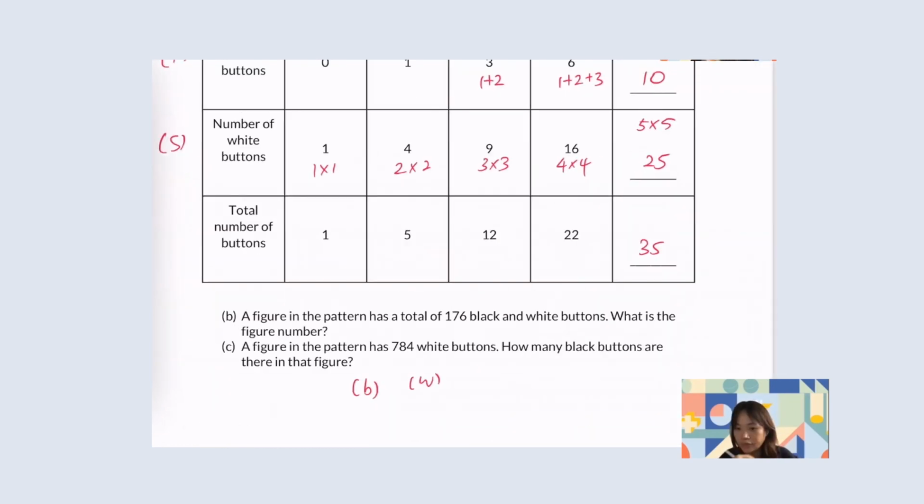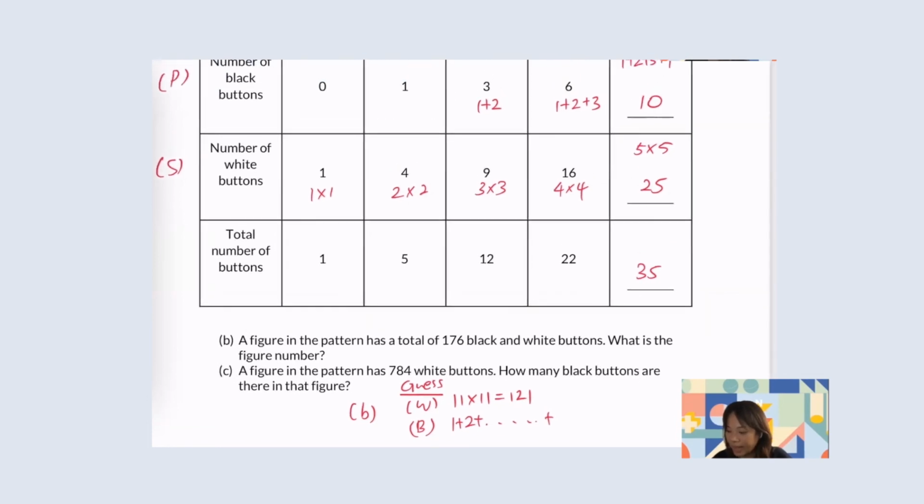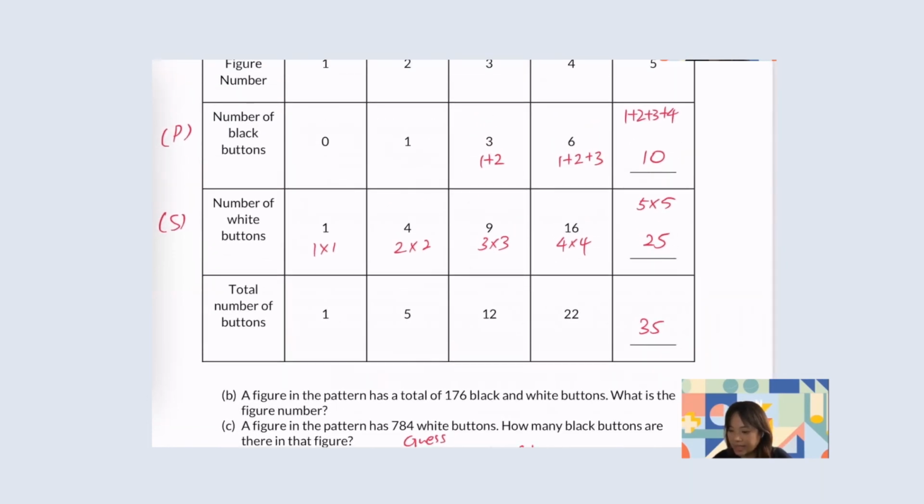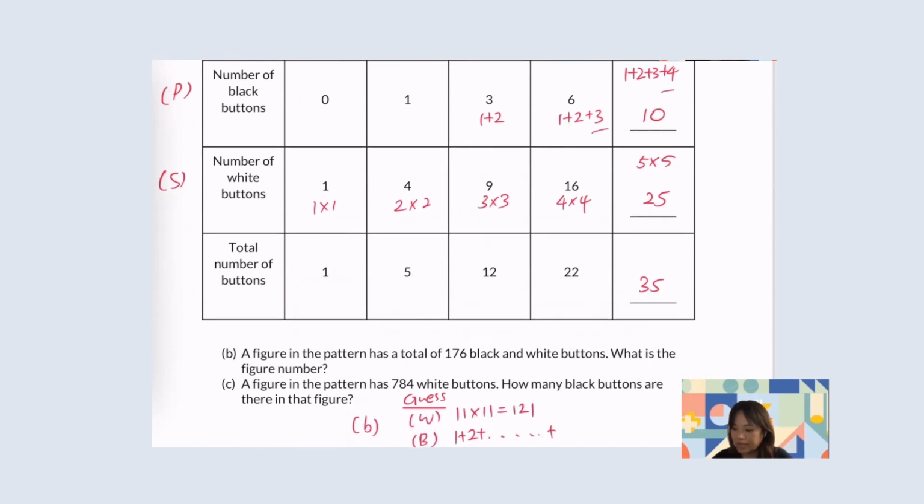Thank you very much. You have a gap method for it, because it's made up of square numbers. Let's say I do 11 times 11. 11 times 11 is 121. For the black buttons, it will be 1 plus 2 plus all the way until not 11 but 10, because it's always 1 less than the figure number. 3 is 1 less than 4, 4 is 1 less than 5.